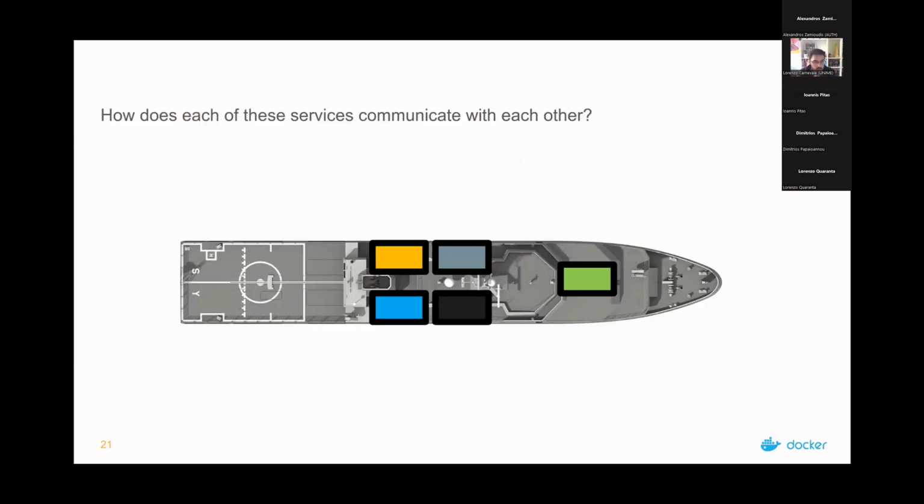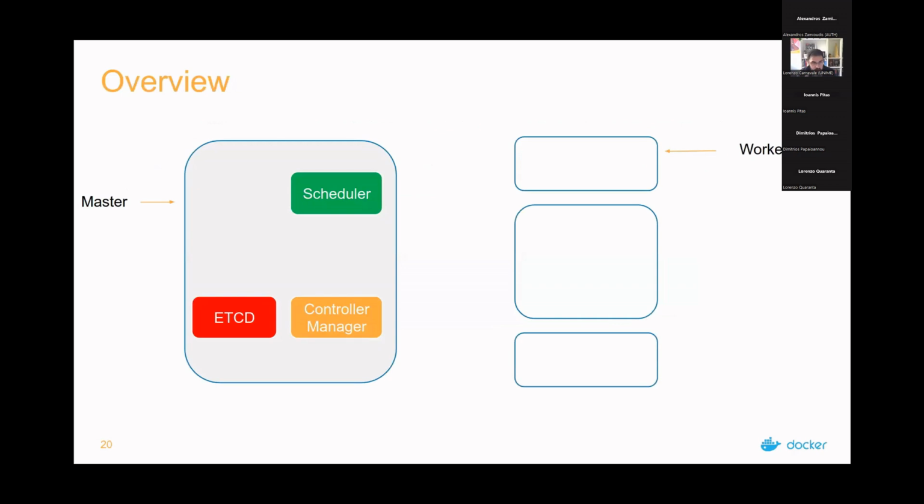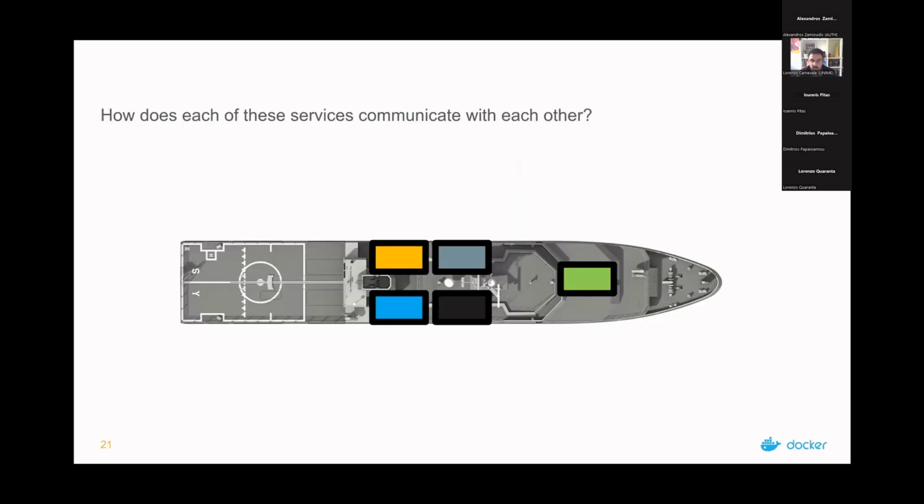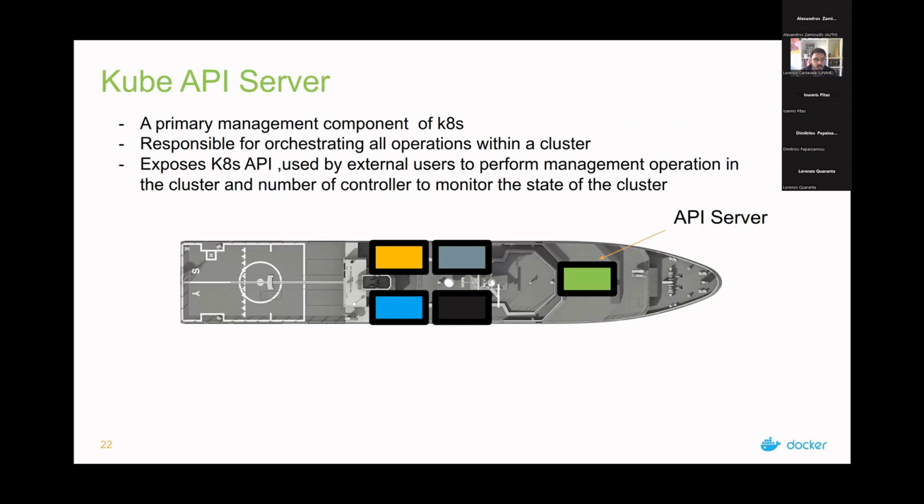How do these services communicate with each other? Because they are different microservices: the scheduler, the etcd, and the controller manager. They do it using an API server, which is called kube-apiserver. It is the primary management component of Kubernetes, like K8s, and it is responsible for orchestrating all the operations within the cluster.